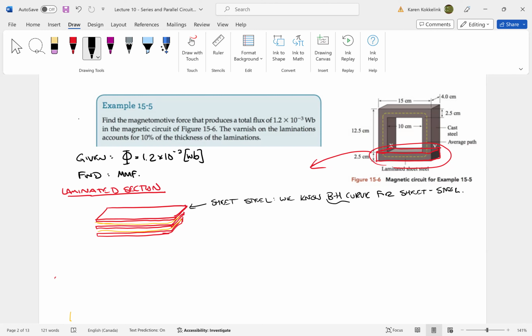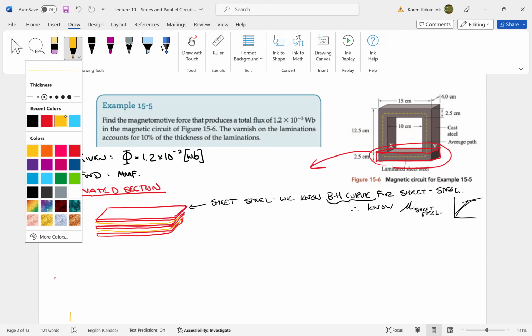And what the BH curve gives us is the permeability of sheet steel. We also know that permeability is not just one number. It varies, and it depends on where you are on that BH curve. But at any rate, I can find out that number.